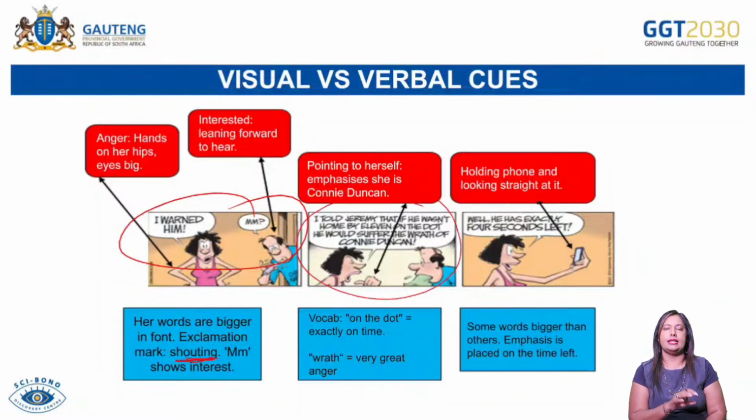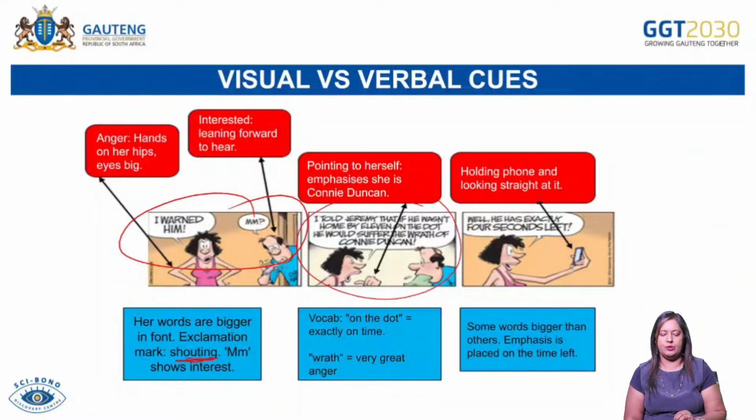Notice again that it's all in a capitalized font, meaning that this image of the mother and the father is a heated argument or a heated conversation taking place. All right. So when she's pointing with her thumb towards herself, she is now obviously depicting the visual clue that you are looking at. All right. And then that is emphasizing that she is Connie Duncan.